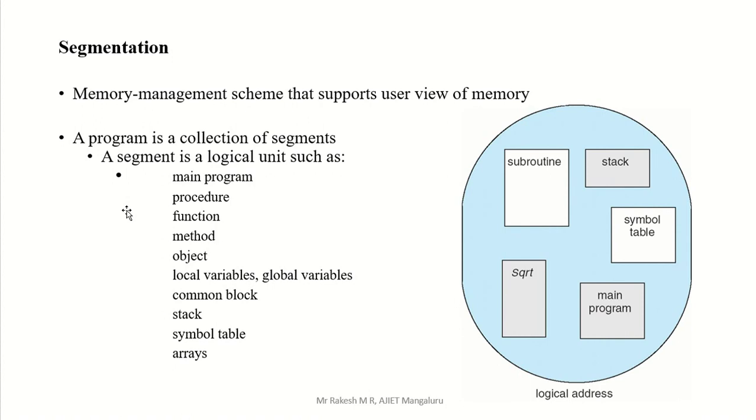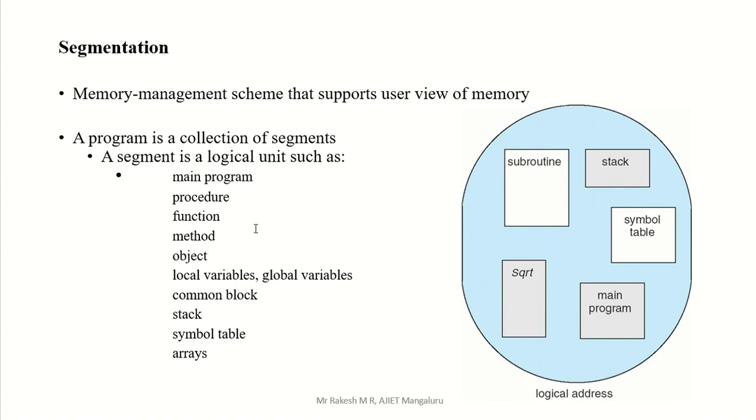We are going to see what is in your process. By seeing the content present in your process, we are going to divide. That is called segmentation. Carefully see this: it is a memory management scheme that supports the user view of memory. Here the entire process we are going to divide into some segments. One is main program, procedure, function, methods, objects, local variables, common block, stack, symbol table, array.